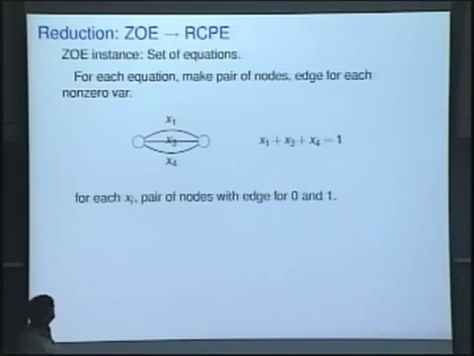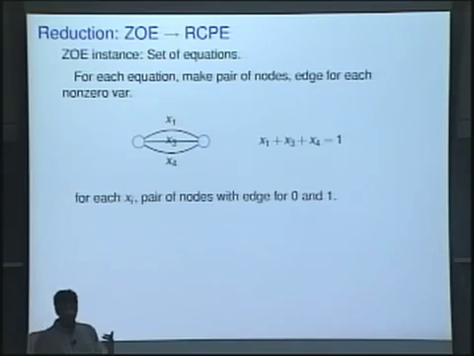Now, for each xi, I'm going to have a pair of nodes. What should I always have when I simulate a variable? I should have something that corresponds to true and something that corresponds to false for Boolean variables. For 0-1 variables, something that corresponds to 0 and something that corresponds to 1.